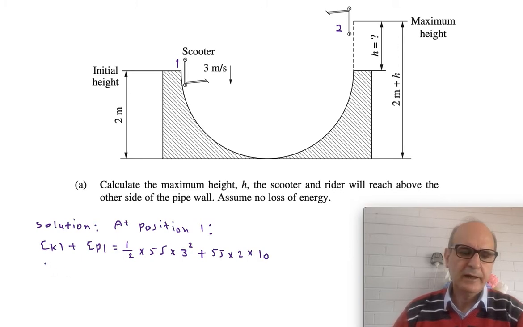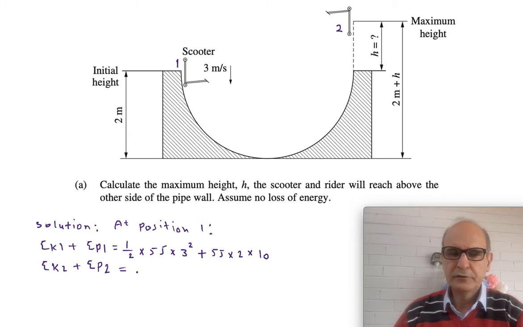Now let's look at position 2. So kinetic energy at position 2 plus potential energy at position 2 is equal to, because there is no velocity at position 2, because it stops momentarily, it is 0. So your kinetic energy at position 2 is 0. Potential energy is half times, sorry, there is no half for potential energy.